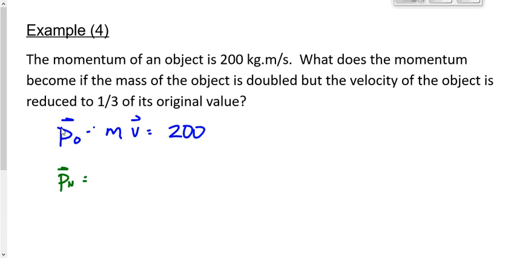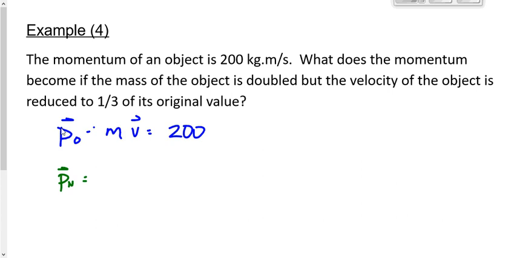M times v is simply the symbols that we use to represent mass and velocity. We could have called velocity s, and then we would have said M times s, right? Or we could have called mass q, and then it would be q times v, right? That's simply the way we represent the equation, which is really mass times velocity. The equation will always be mass times velocity.